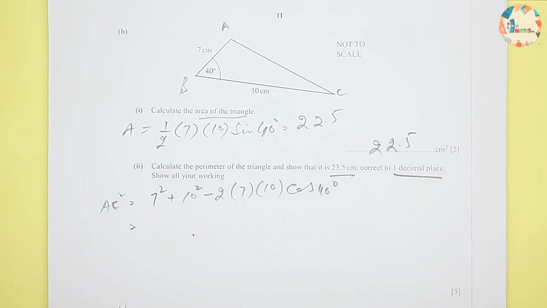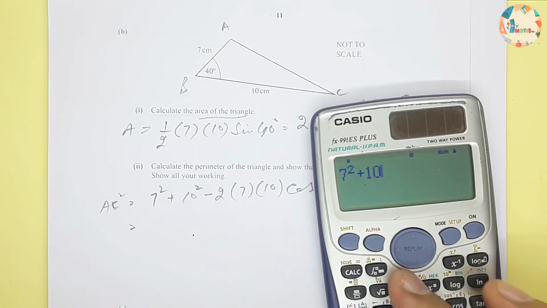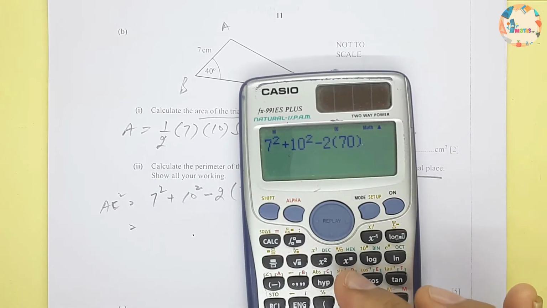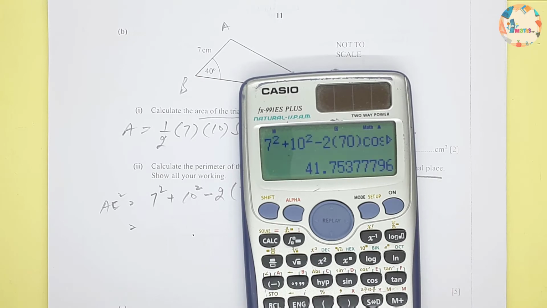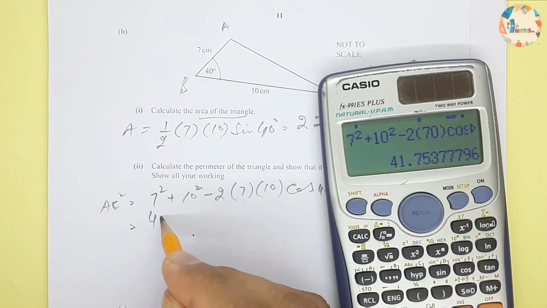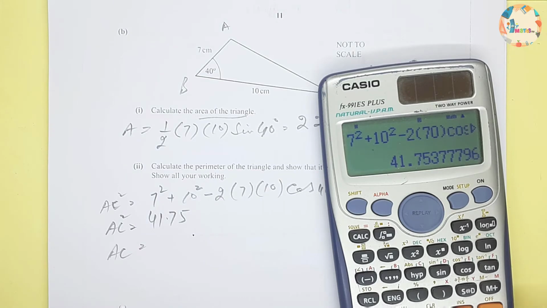So we can calculate this one: 7 squared plus 10 squared minus 2 into 70, I will write 70 in one go, and cos of 40. This will give us the answer 41.75, and this is AC squared. But we need AC, so we'll take the root of this one.